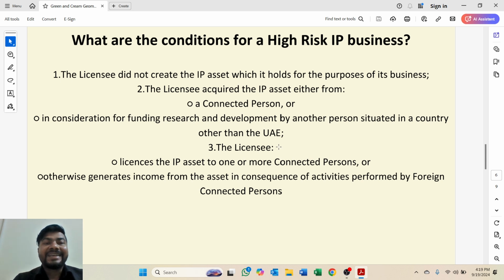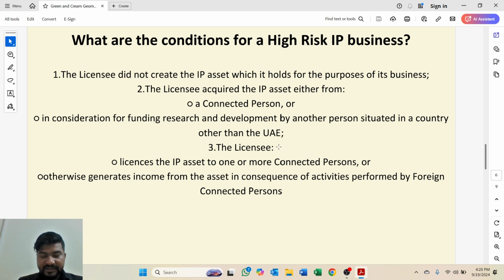Number one condition is that the licensee, suppose I am doing an intellectual assets business and I am holding some intellectual property assets, but those assets are not created or developed by me. I have acquired that intellectual property from a connected person.